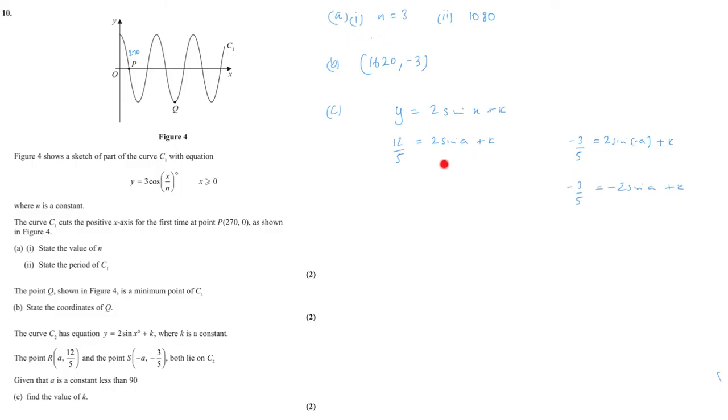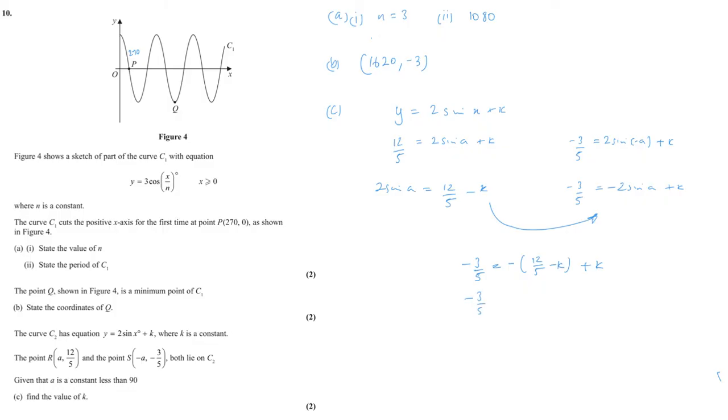I'll take this first one. 2 sine A equals 12/5 minus k, and substitute it into here. So minus 3/5 equals minus 12/5 minus k, plus k.